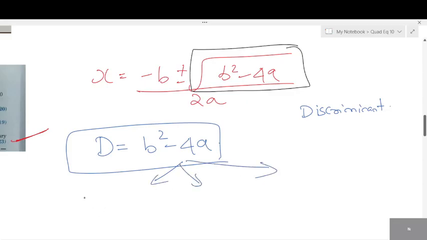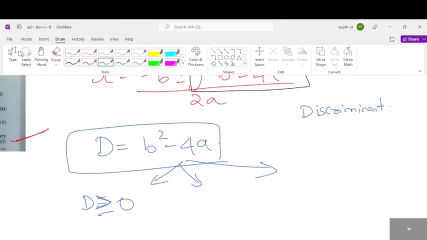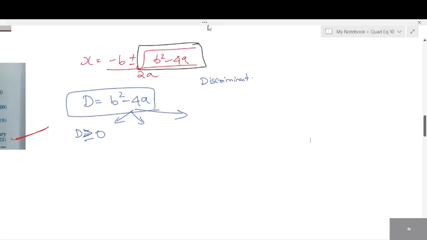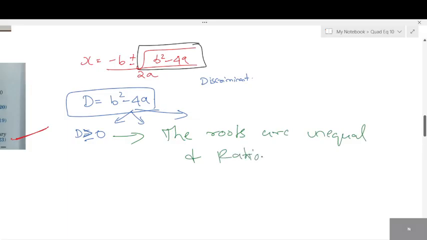One is, whatever d is after solving, if d is greater than or equal to 0, that is, after solving the discriminant value, if the answer is greater than or equal to 0, the roots are unequal and rational or real numbers. If d is equal to 0, once you solve this, look at ax square plus bx plus c is equal to 0.